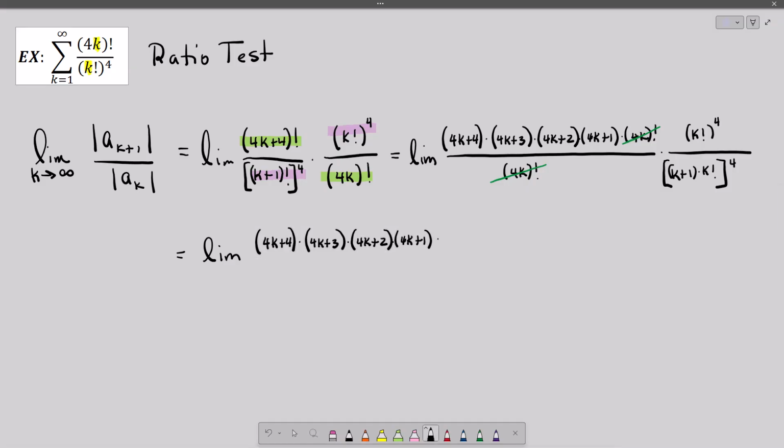And then we have still this k factorial raised to the fourth power. And down in the denominator here, now we're going to distribute that exponent. So we'll have k plus 1 to the fourth multiplied by k factorial quantity to the fourth. And we'll see a cancellation here as well. This whole quantity is going to cancel with that whole quantity.